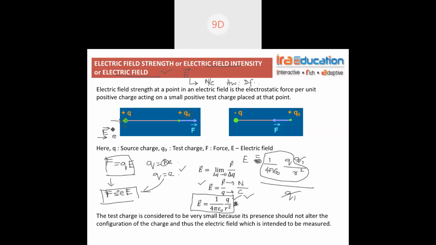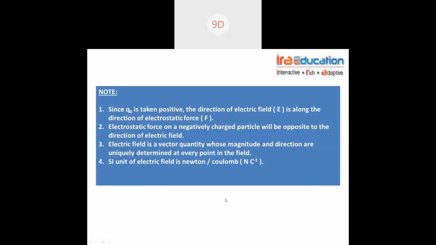I'll explain that in current electricity. Just remember, whatever direction the electron is, the electric field is in the opposite direction. Actually electric field comes first. So electric field is in a direction opposite to the direction of electrons. Make a note of that point. Electric field direction is opposite to the direction of electrons.